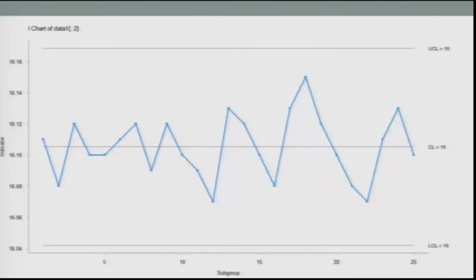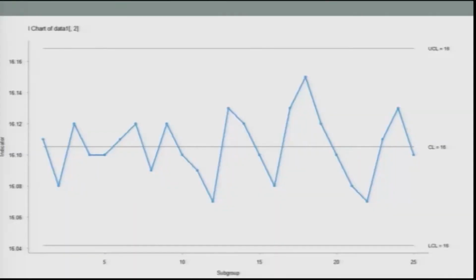In the graph, the upper control, lower control and the central line are all shown as 16, but they are not 16. In order to make it understandable in the graph, I have given the central value as 16 point something, upper control 16 point something, lower control 16 point something.